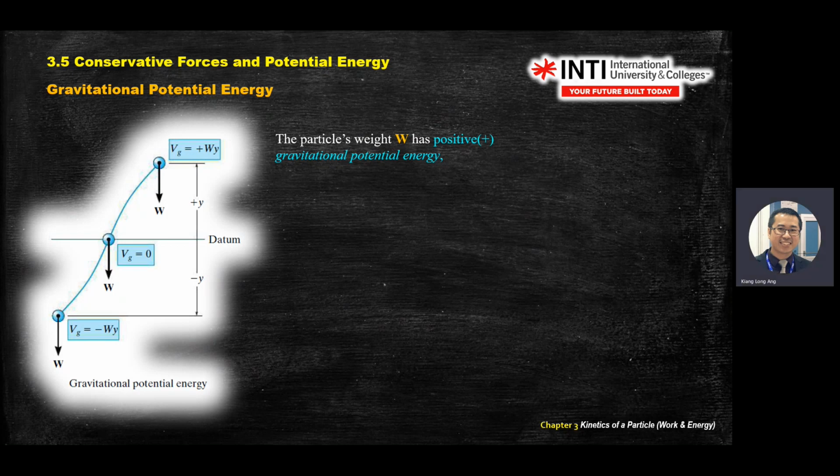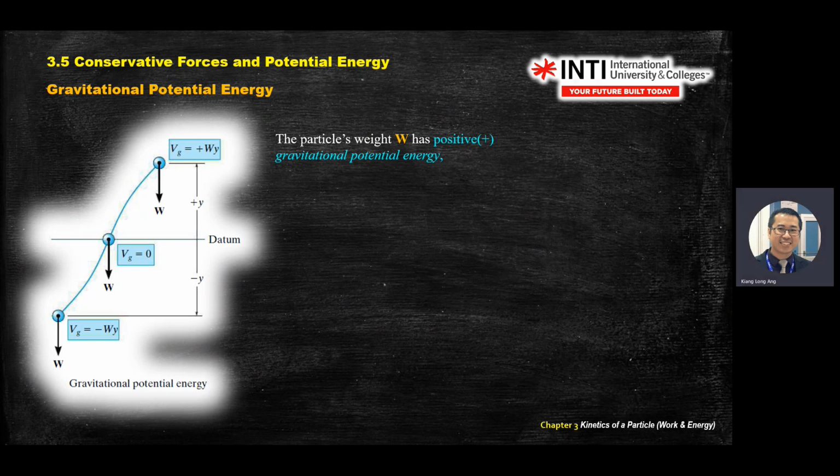If the object is below the datum, your potential energy will become negative because of the y position. You know potential energy equals mgh. The h needs to refer to the datum.